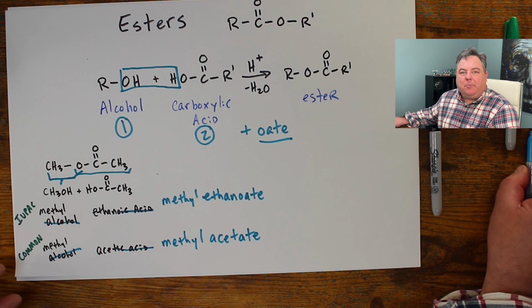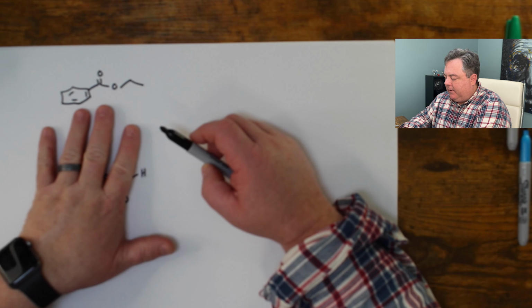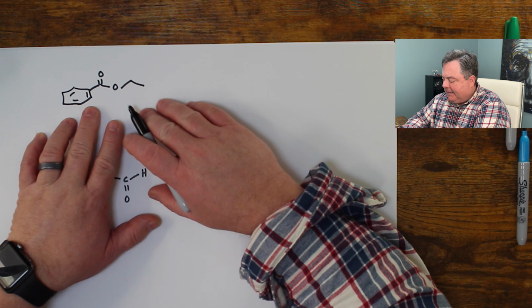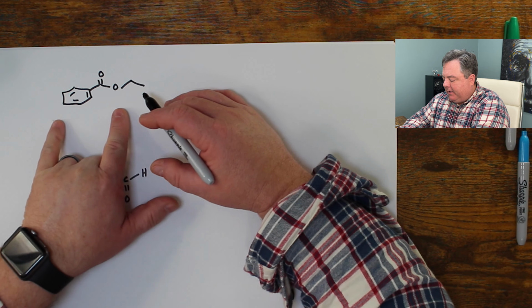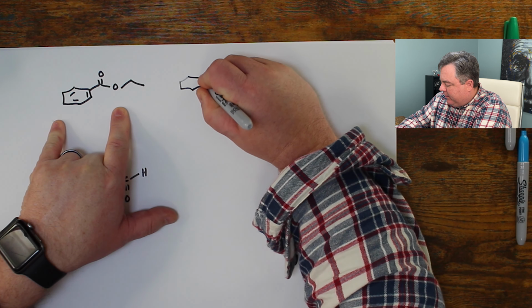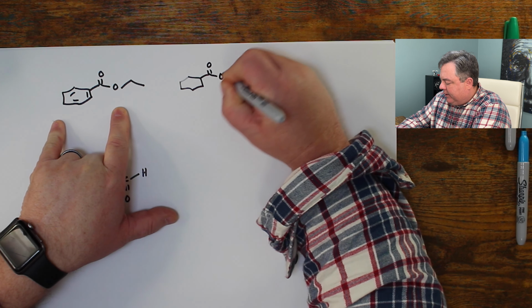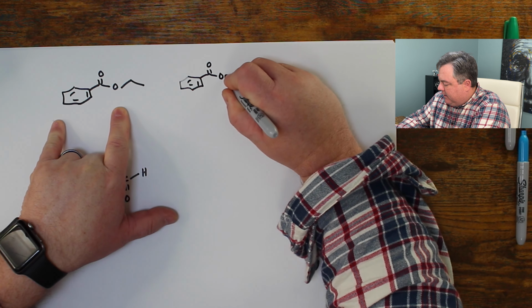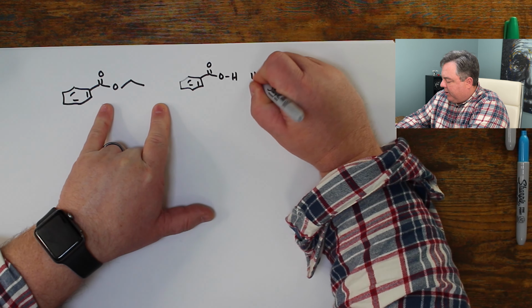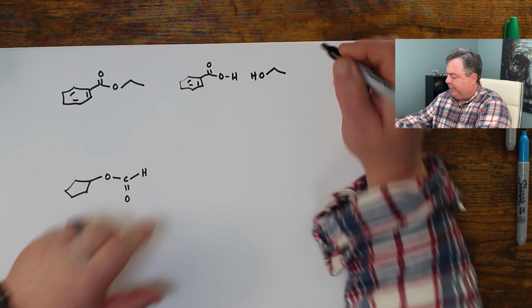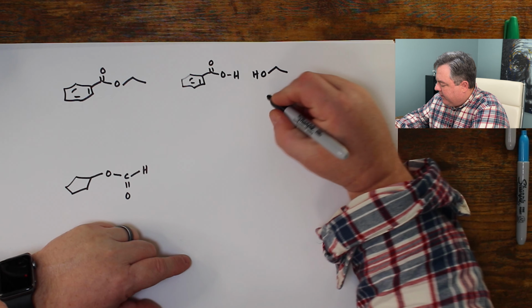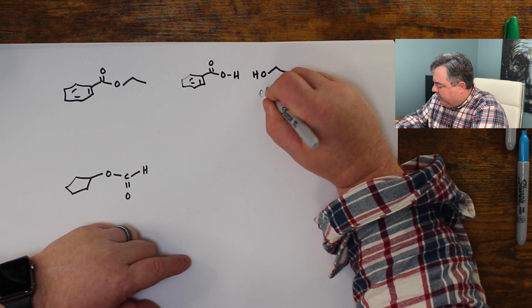Let's look at another example. So here's an ester. Let's try to figure out what carboxylic acid and what alcohol this comes from. So drawn this way, I see that this phenyl carbonyl oxygen, so this must be the carboxylic acid it comes from, and this part must be the alcohol that it comes from. So the name for these are, this is ethyl alcohol.